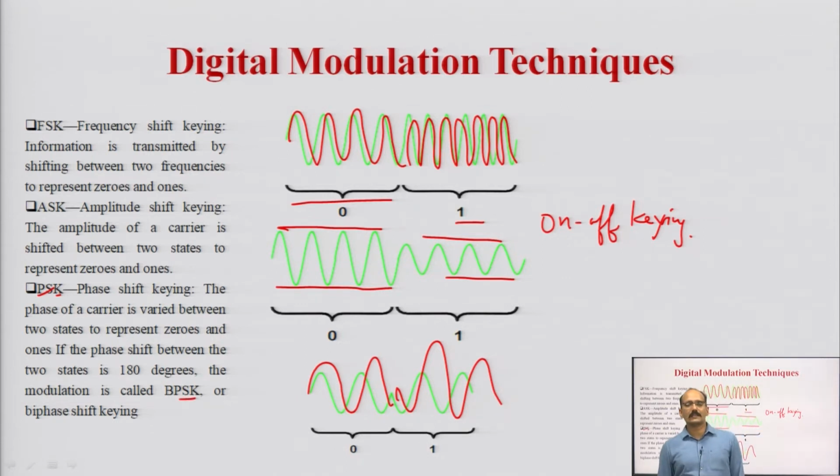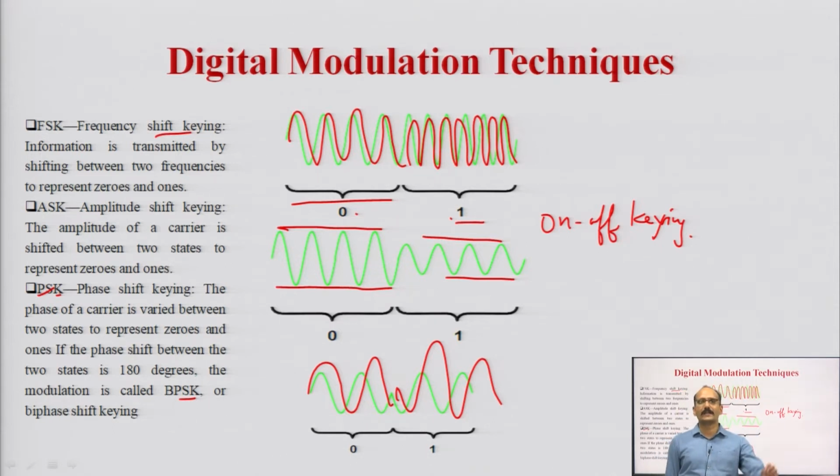So, these are the basic three shift keying techniques, and we call them shift keying techniques because keys such as bits 0 and 1 play a role to shift the desired parameter of the carrier signal.